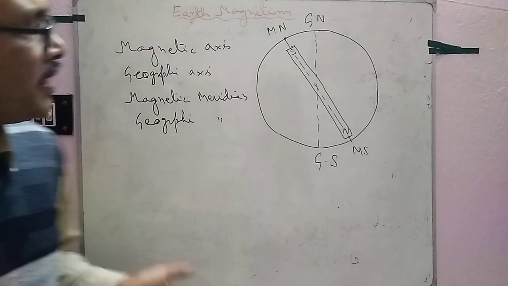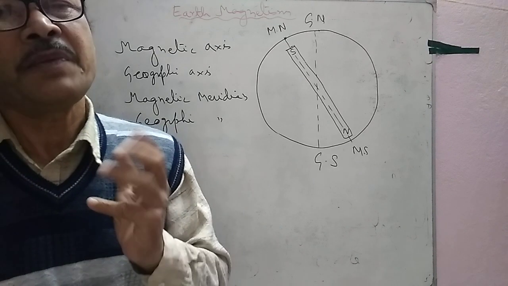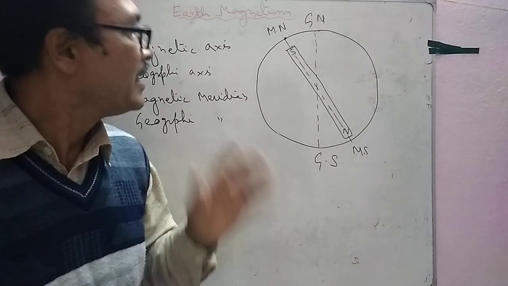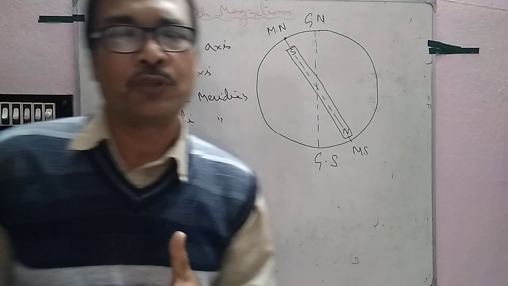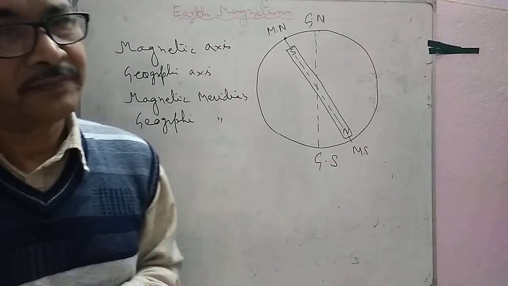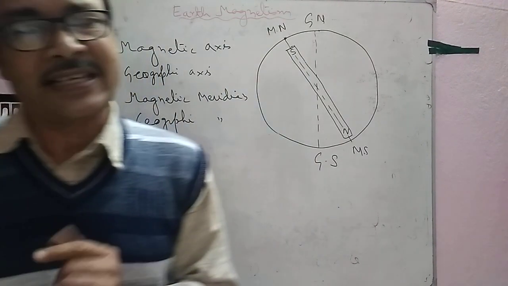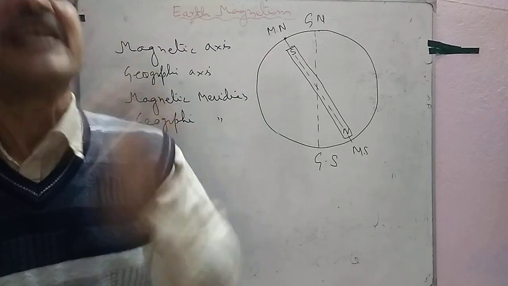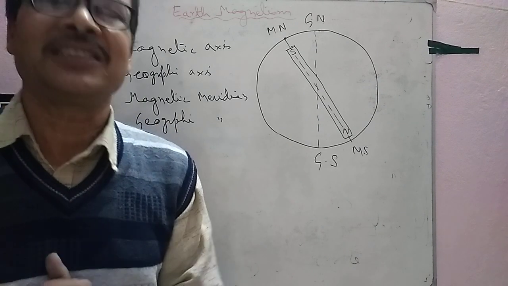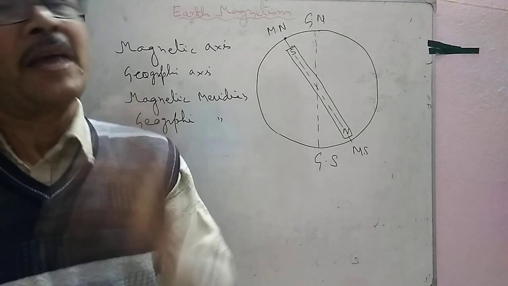Okay. Second opinion: from the sun, high energy cosmic ray radiation comes and strikes the Earth's atmosphere, and due to this radiation the atmosphere is ionized. So when Earth rotates around its own axis, these ionized air particles rotate with the Earth, and due to this rotation of the charged particles, an equivalent current is produced, and due to this a magnetic field is produced.